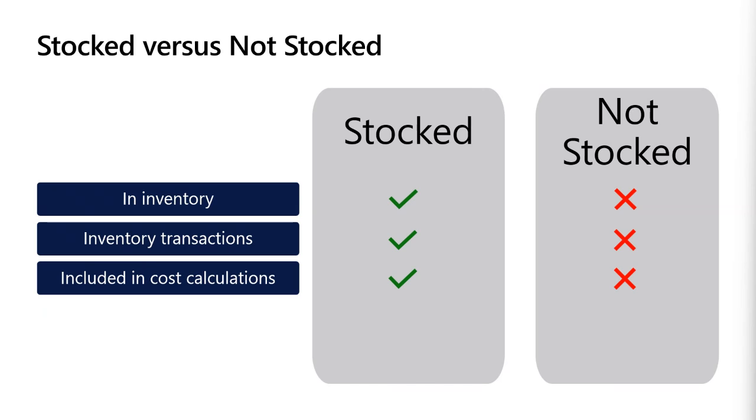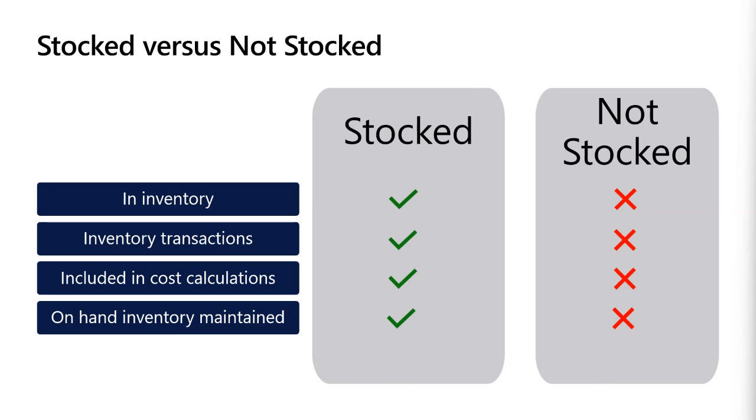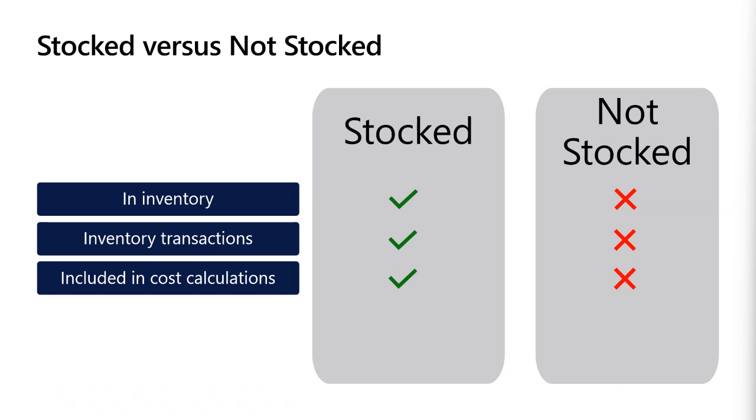While Dynamics 365 requires that a pro forma stock transaction is generated for services that contribute to the inventory value of tangible goods. For example, pro forma stock transactions must be generated if a service is used to subcontract production steps.